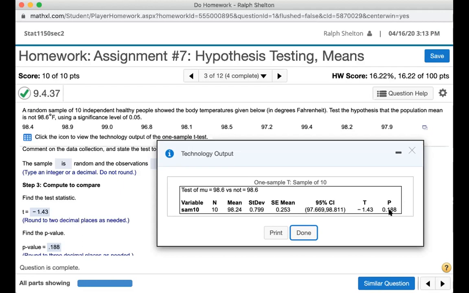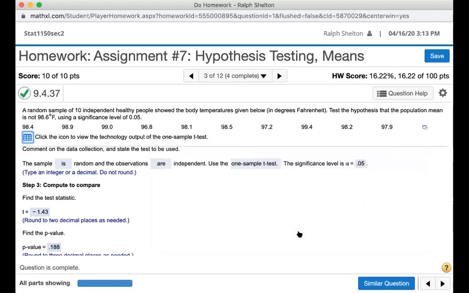Those two probabilities together make up this probability. It's the probability of getting a sample as extreme, as far away from the mean as what you got. Okay, so that's enough about that. Done. We just wrote the p-value and the t-value from the report in there.